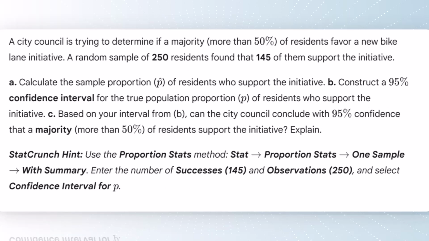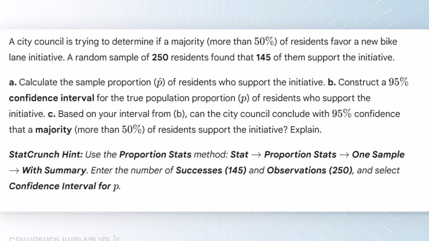Now we have a confidence interval question for the proportion. A city council is trying to determine if a majority, more than 50%, of residents favor a new bike lane initiative. A random sample of 250 residents found that 145 of them support the initiative. So the sample size is 250 and the number of successes x is 145.